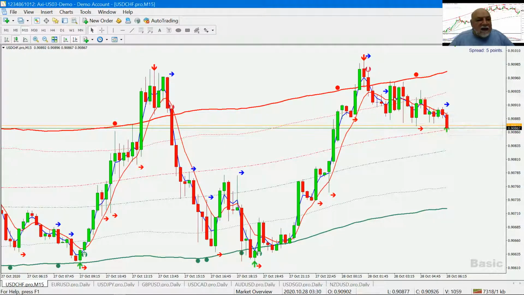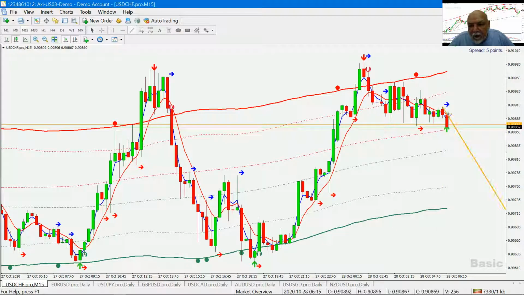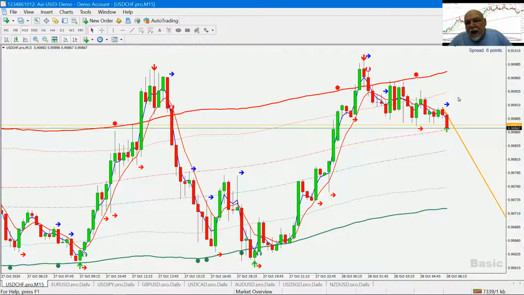And last time we showed you how to do the trending, how to set up the trend. So I'm going to go ahead and put a trend line here. All right. So there's a trend line that is indicating that price could continue to come down. It's not happening up in here.